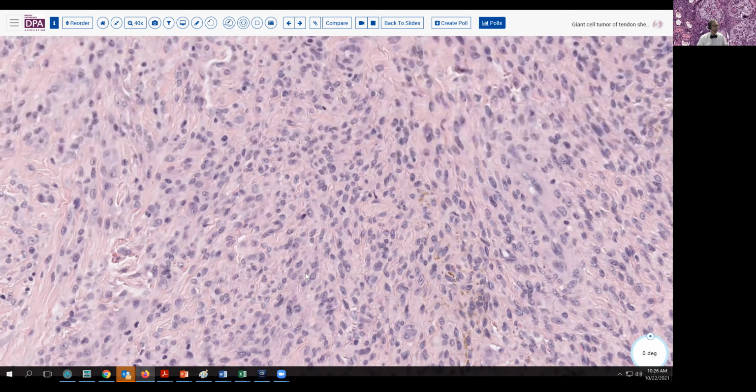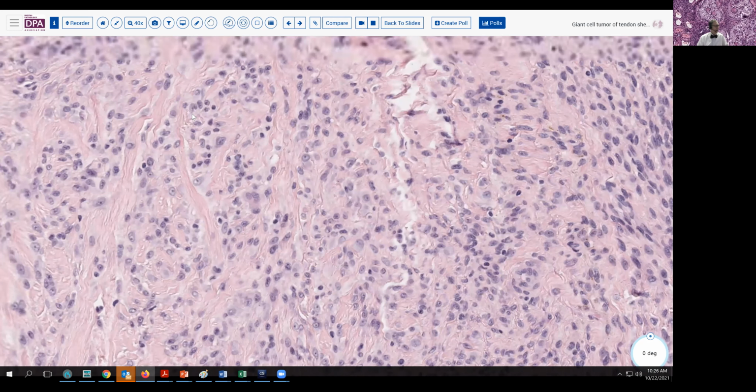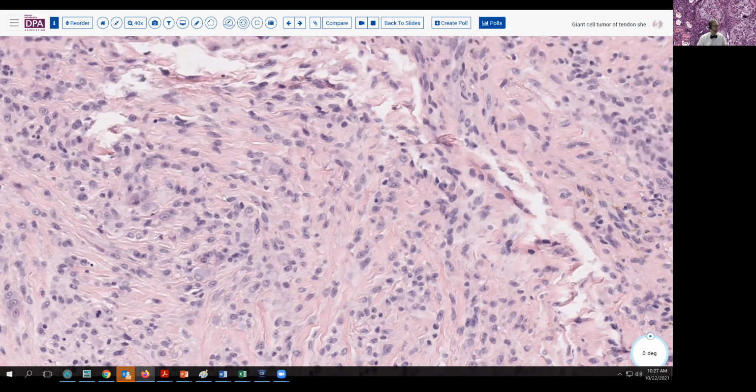And relatively few of the foamy histiocyte type cells. Now, on occasions, this collagenous matrix can begin to look almost osteoid-like or even chondroid-like. So there are some borderline features with some of those osteochondromatous lesions of the synovium as well.